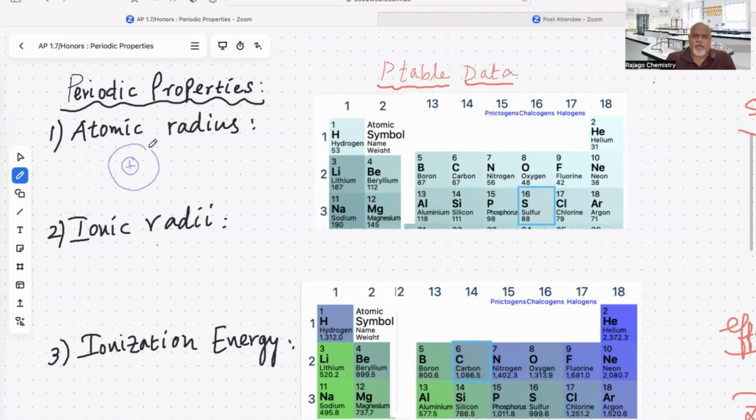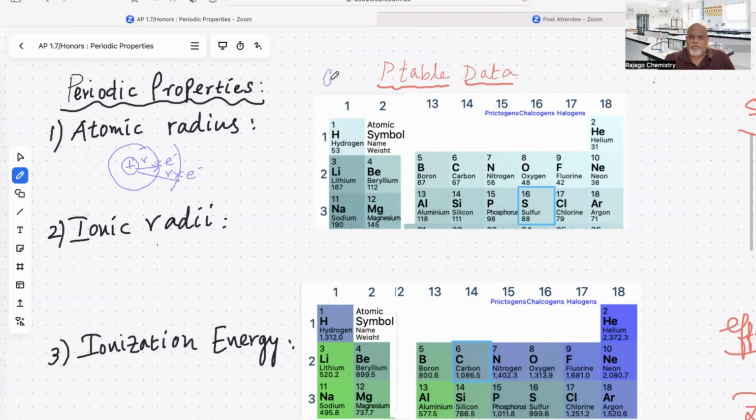If you have an electron revolving around, this radius is called the atom's radius. If the outermost electron is in the second shell, this is the radius of the atom.